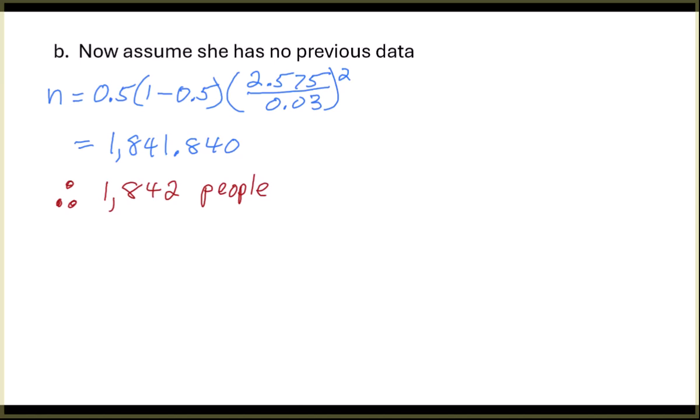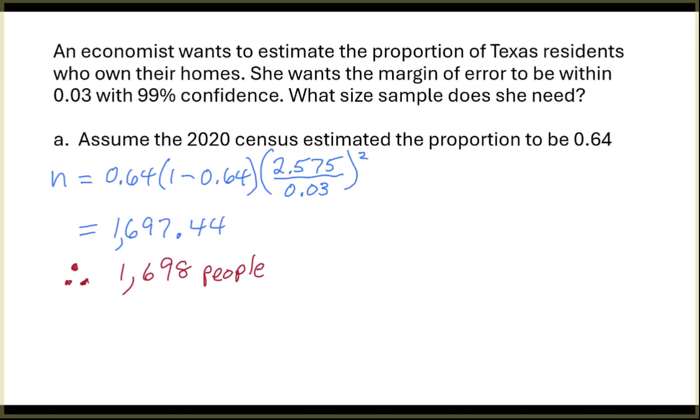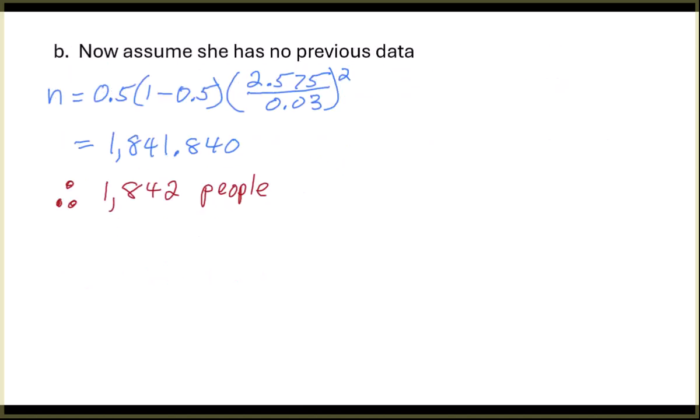Which was a great question. Why not? Let's look at this. What was the sample size? 1698. What's the sample size using 0.5? 1842. That jumped up, what, 140 or so.